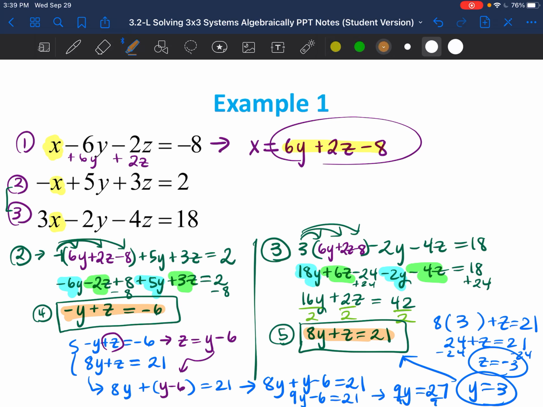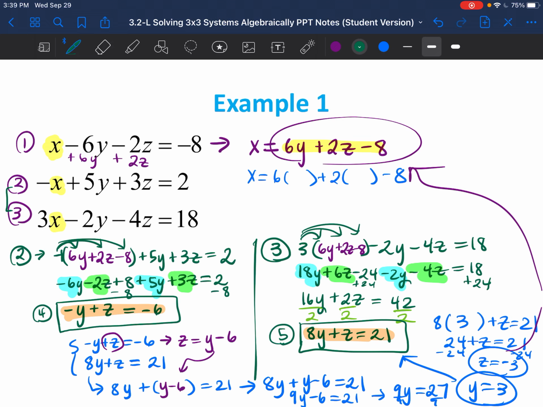Okay. And so I know y and I know z. So now we can go all the way back to the beginning and get our x value. And so x equals 6y plus 2z minus 8. And we know that y is 3, and we know z is -3.